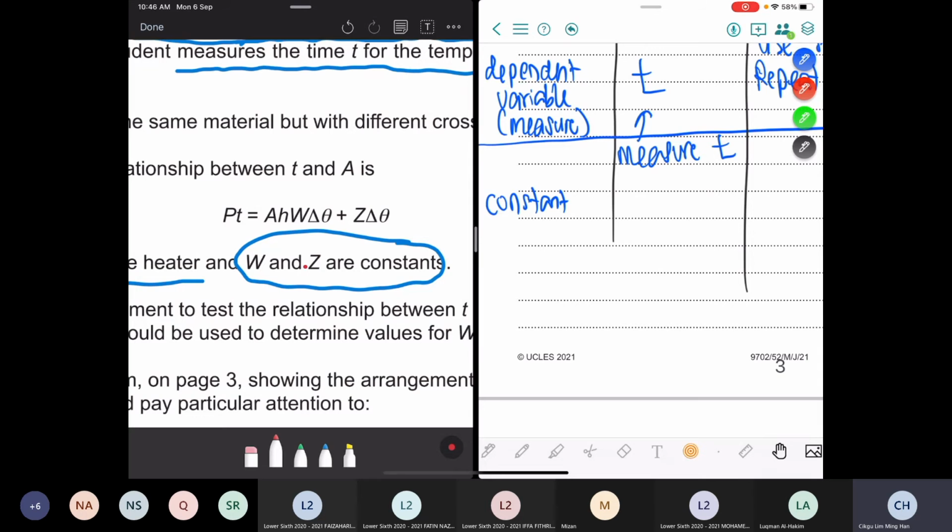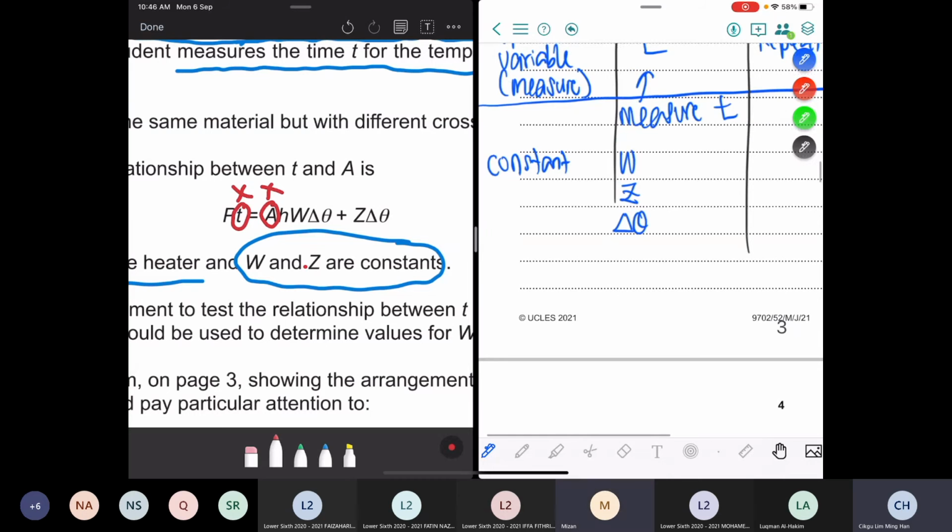Let me show you. This one is already used. So what will be the constants on this page? W and Z. W, Z, delta theta, and is there more? P. Is there more?